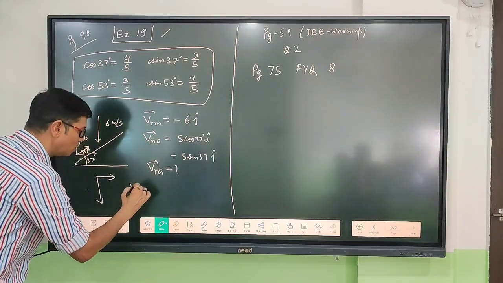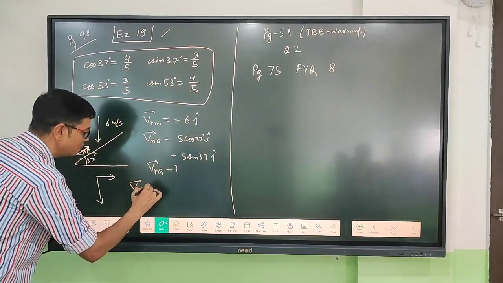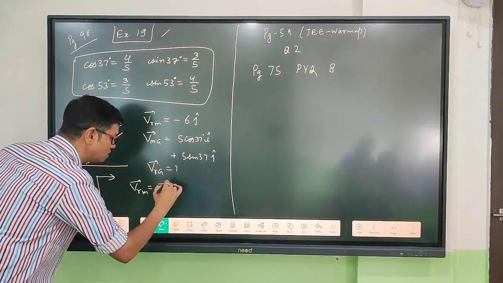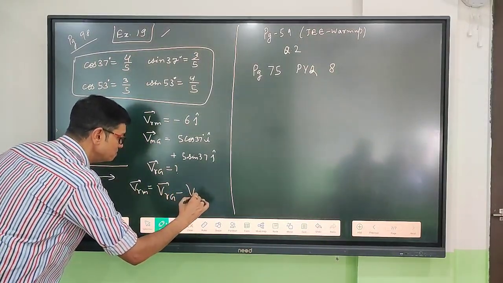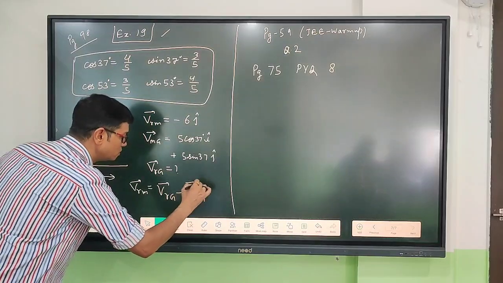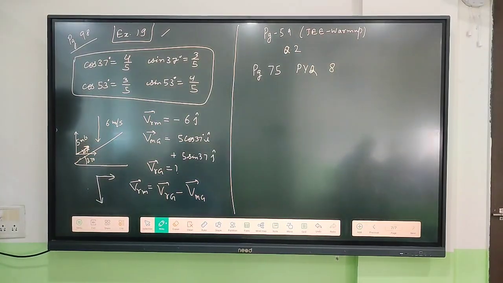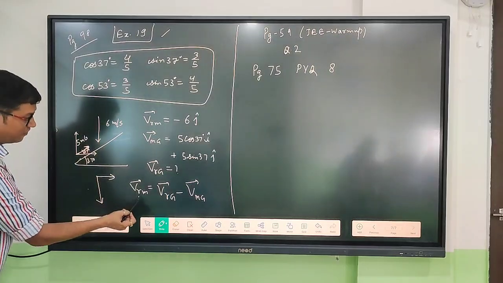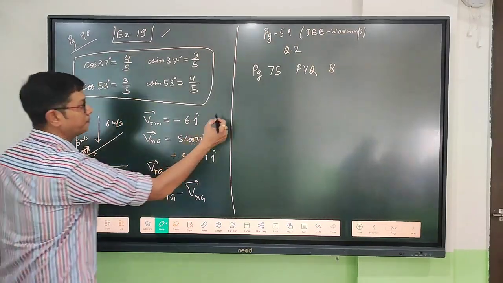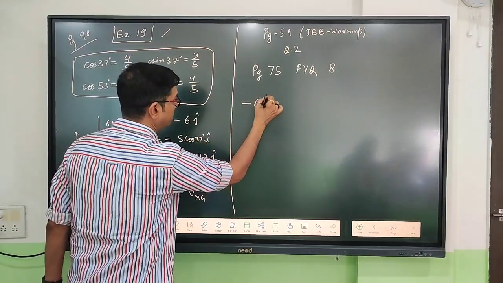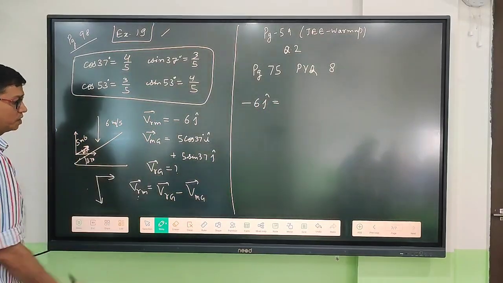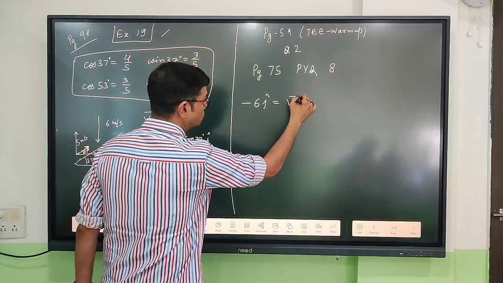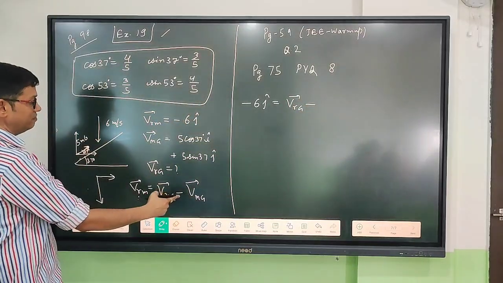So what is your formula? V rain man, velocity of rain with respect to man, is velocity of rain with respect to ground minus velocity of man with respect to ground. Right? So this is given, -6j cap, equal to VRG, which we are supposed to figure out, minus VMG.